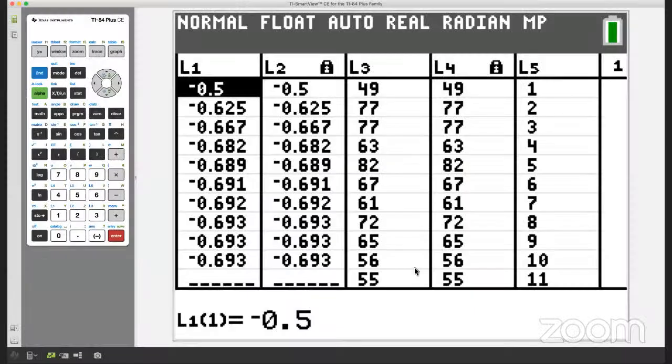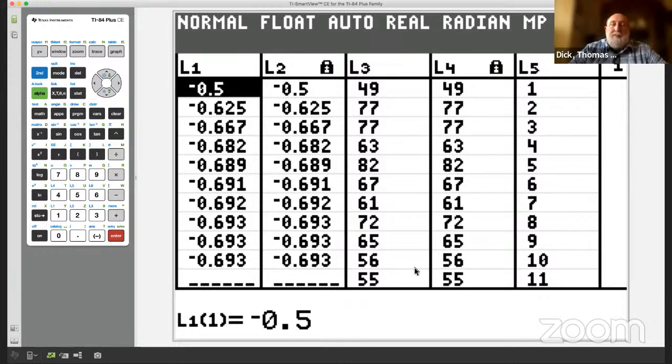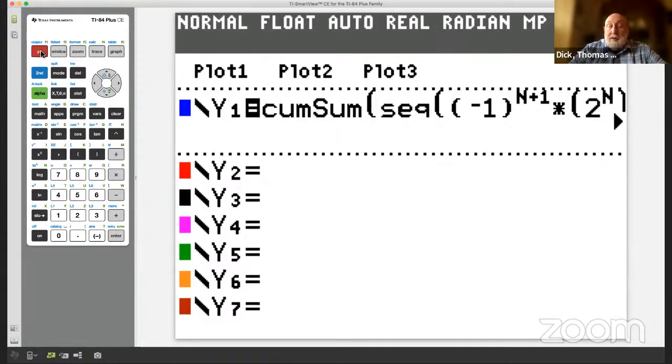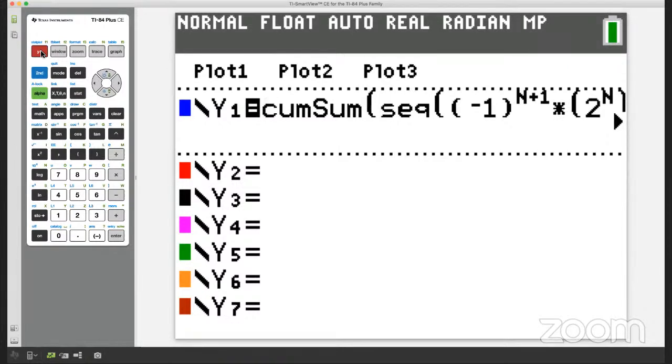you had done those really nice slider buttons, the first problems tonight. So if you would go back to your y equals menu, you can either leave that in Y1 and turn it off, or you could just write over the top of it, whatever you want to do.